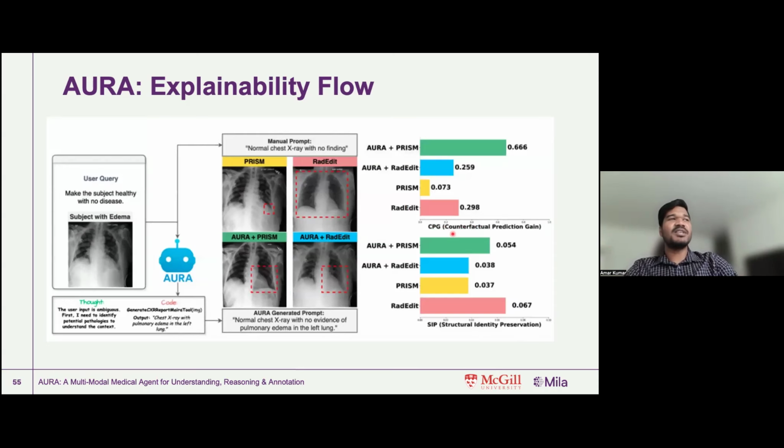When this method is combined on top of a pre-existing method such as Prism or RadEdit, you can see the structural similarity and other metrics, where we show that counterfactual prediction gain is actually good. So in terms of the classification or the metrics, you can see that Aura plus Prism is actually helpful, which proves this point that using an agent or a self-evaluation based method is very useful in performing these tasks.